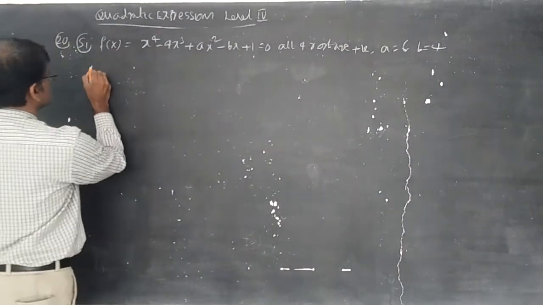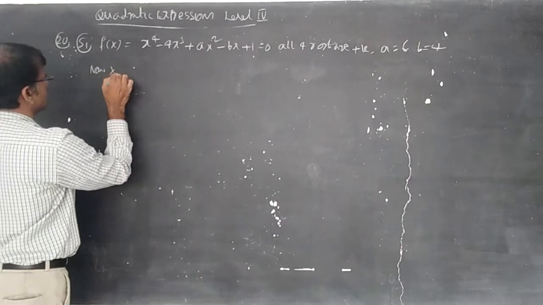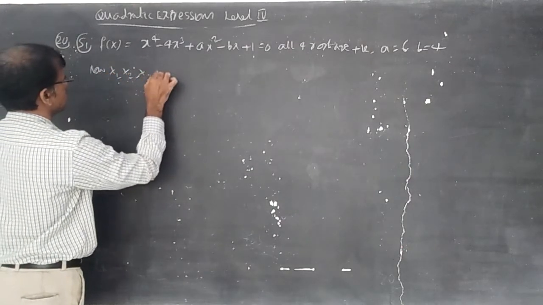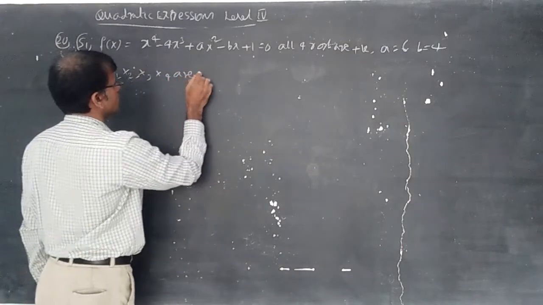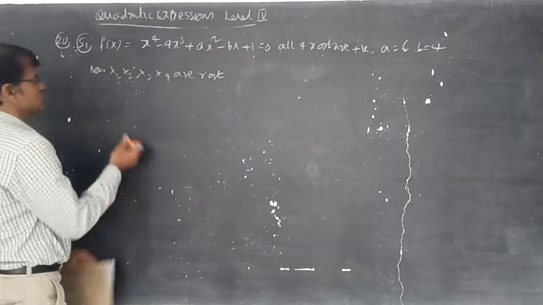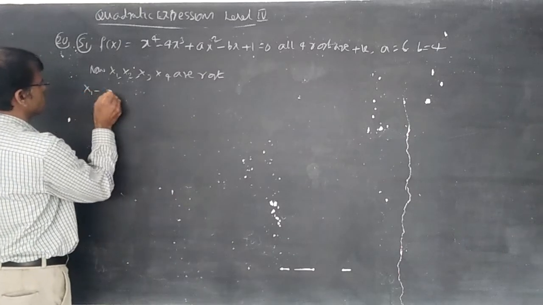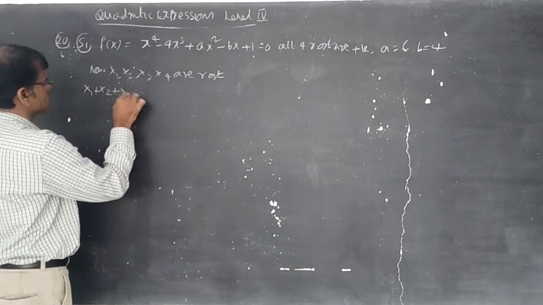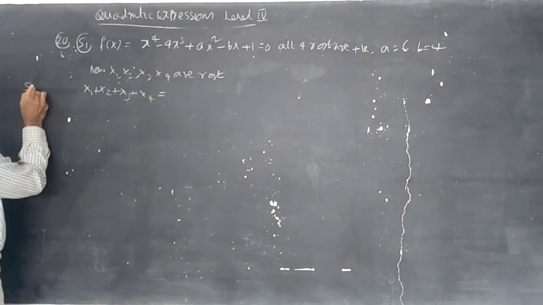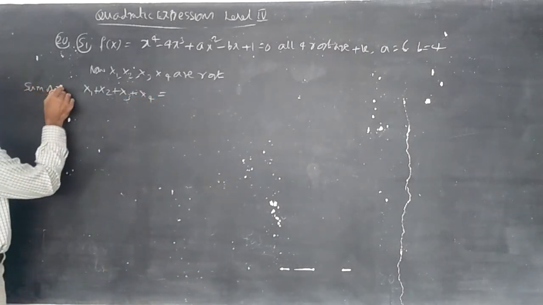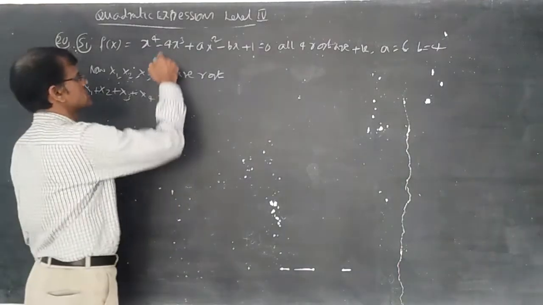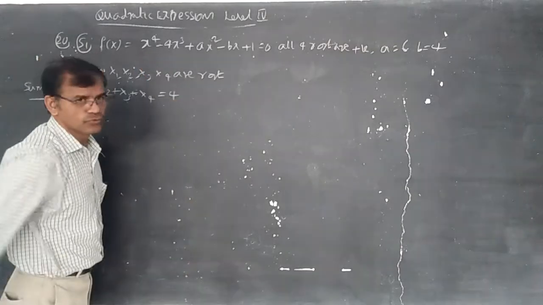Now let us discuss. Let x1, x2, x3, x4 be the roots. According to theory of equations, which you are going to learn from tomorrow onwards, the sum of roots is minus b by a concept, 4.